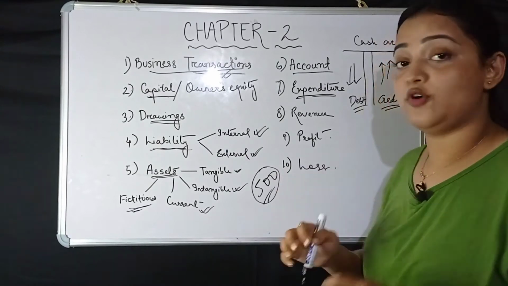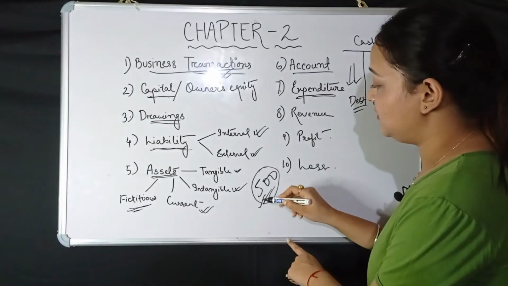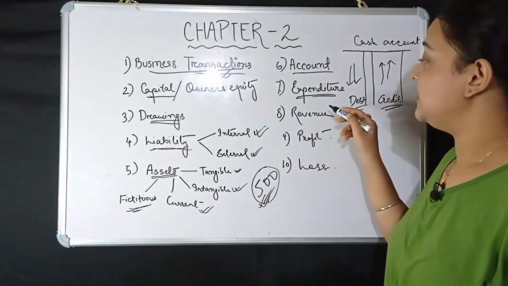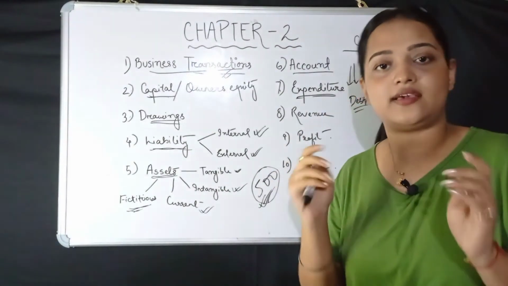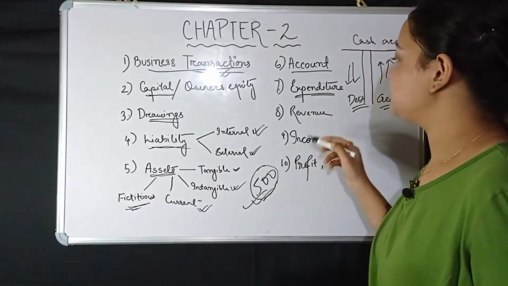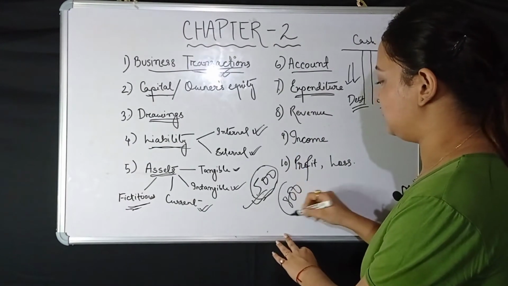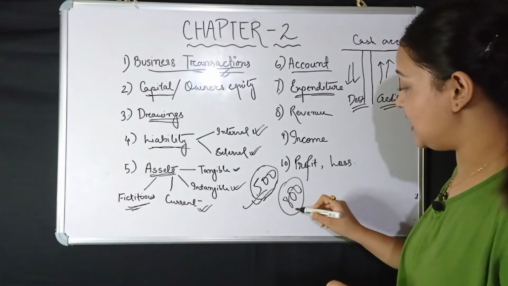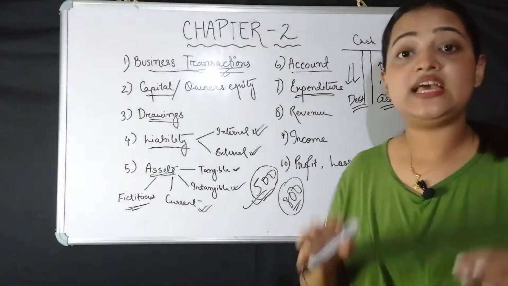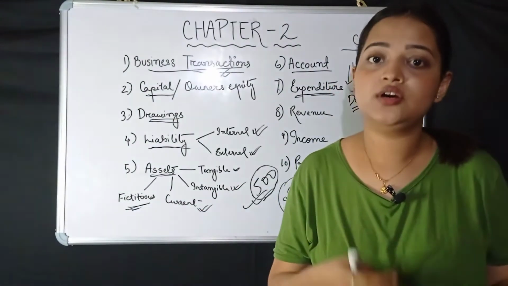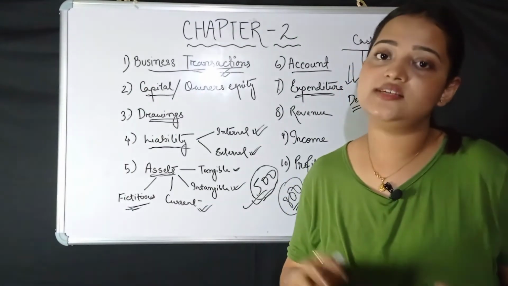Okay, so for baking the cake I had to spend an amount of 500 and this is the expenditure of the cake. All right, the next term is revenue. And I sold the cake at rupees 800. Okay, so this 800 is the revenue. Okay, the selling price of a good or a service is known as the revenue.